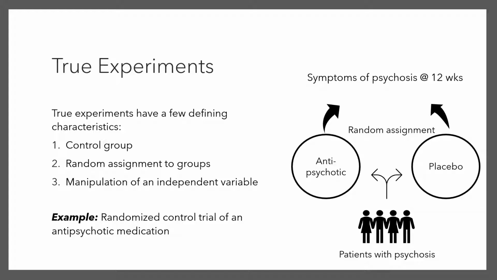In the case of a true experiment, unless there is a glaring methodological issue, it could be supposed that the medication actually caused the psychosis symptoms to decrease for the experimental group, as the use of random assignment meant that each group should be more or less evenly distributed on all possible confounding variables, like socioeconomic status, gender, age, symptom severity, etc. There are probably hundreds of confounding variables that we could think about.